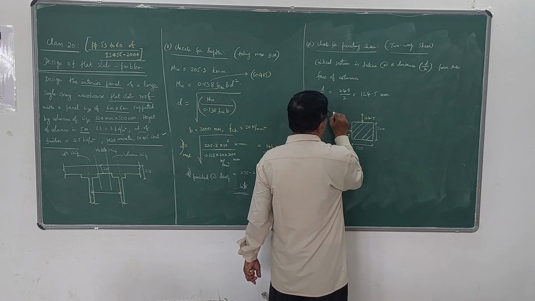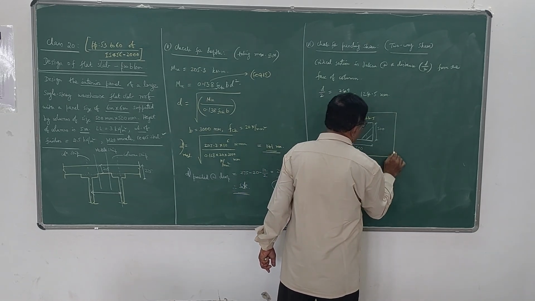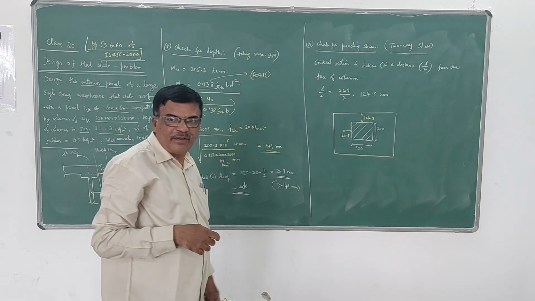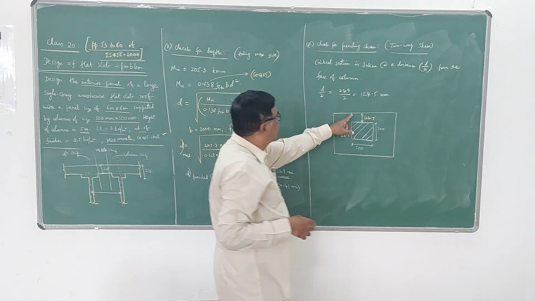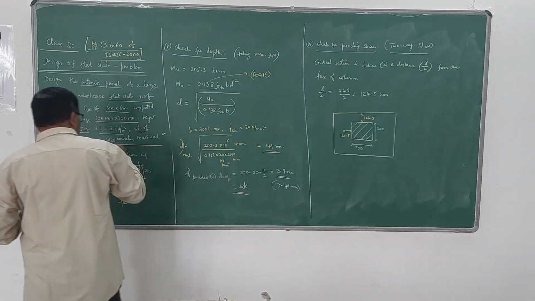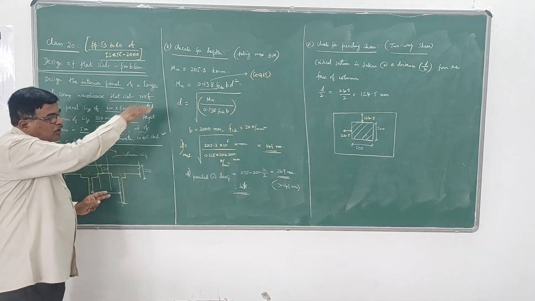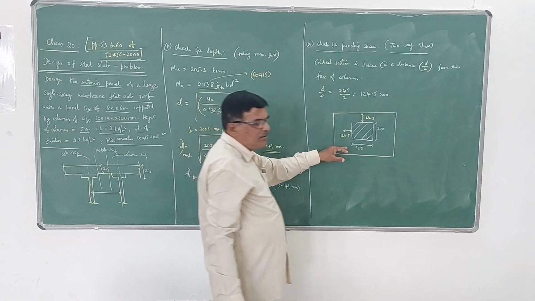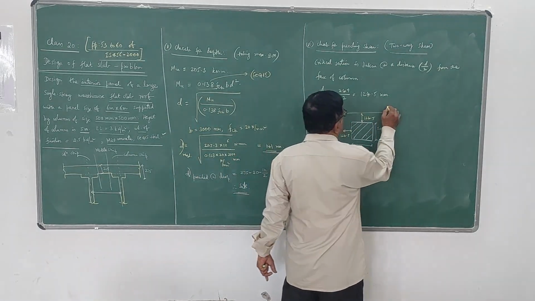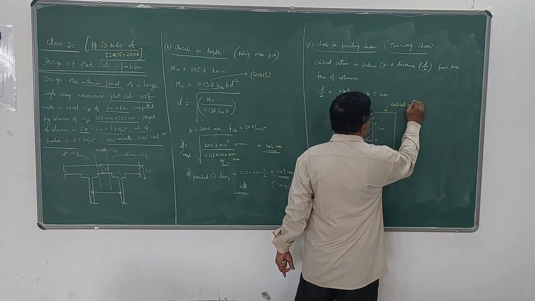Now we have to take the section like this. This is the critical section for punching shear. From the face of the column, we have to take d by 2 distance. So load is acting like this, and we are checking whether any punching shear is there from all 4 sides. Now this perimeter becomes the critical section.